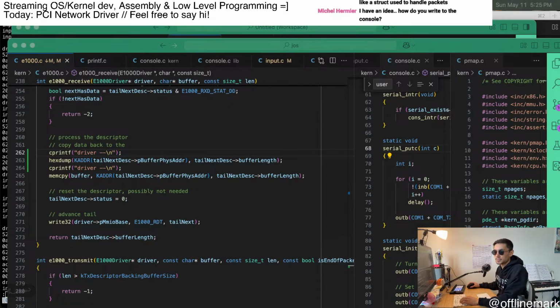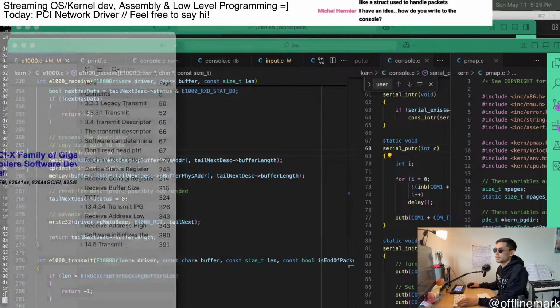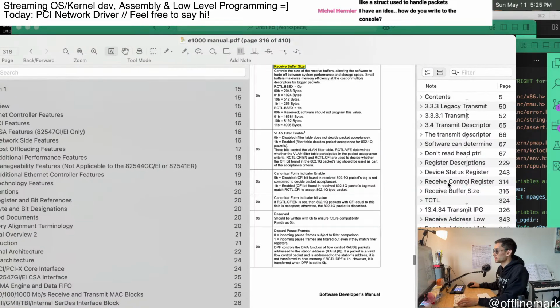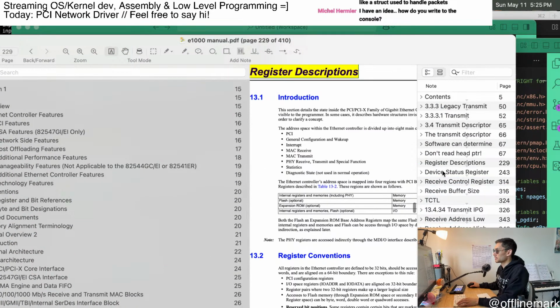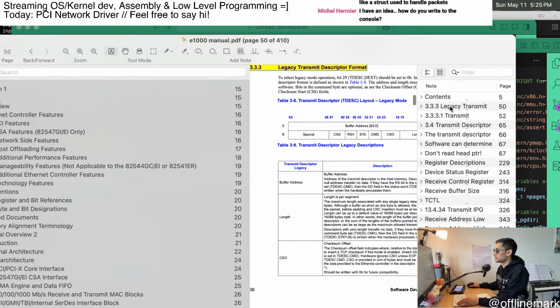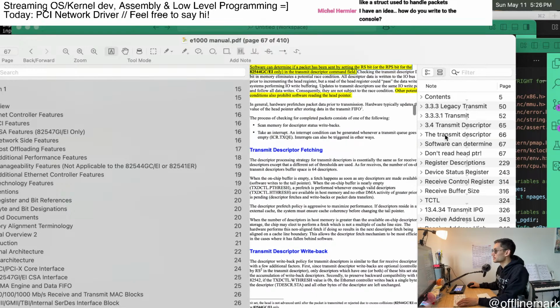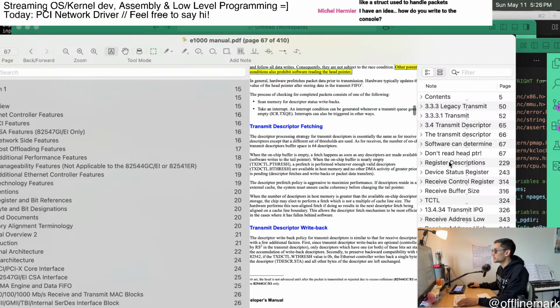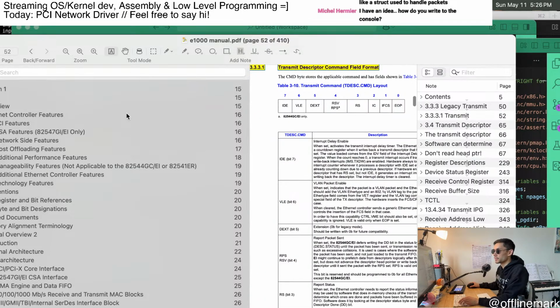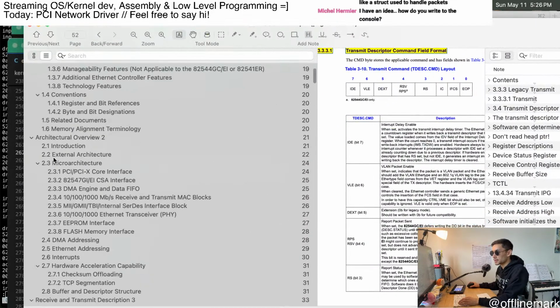Let me open up the manual one time. Okay, this is hard to navigate.